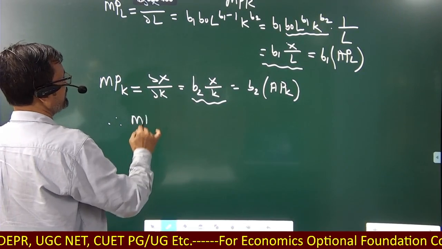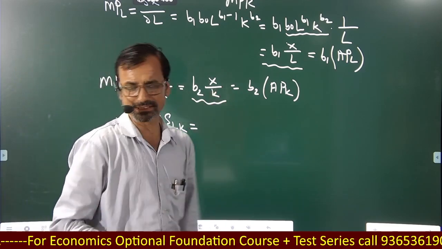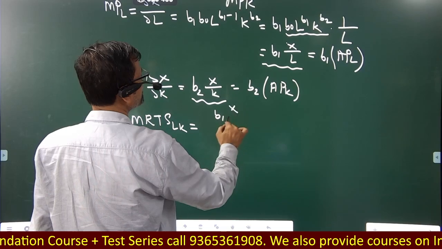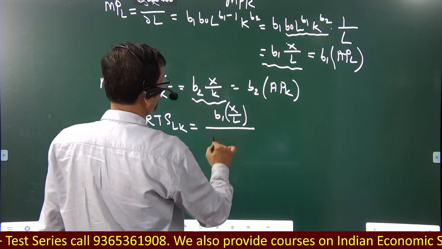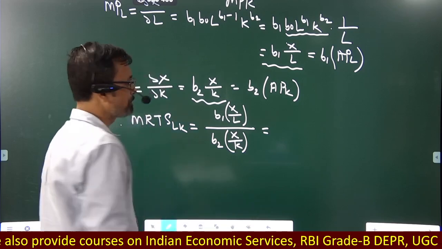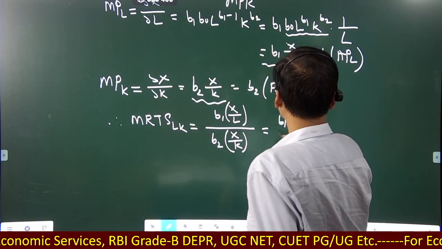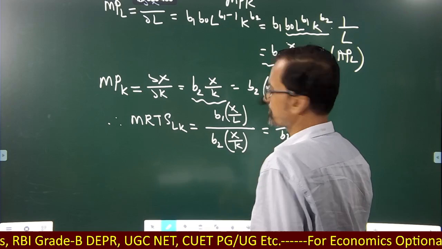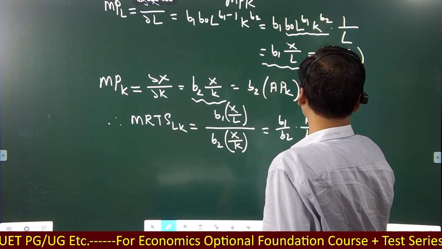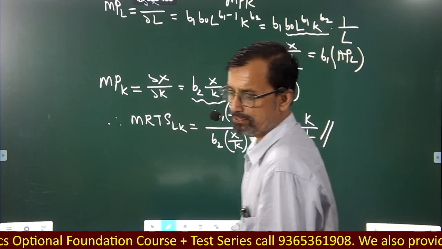We put in the values of marginal product of labor and capital: B1 x by L divided by B2 x by K. After simplifying, x cancels out, so we get B1 by B2 into K by L. This is the marginal rate of technical substitution.